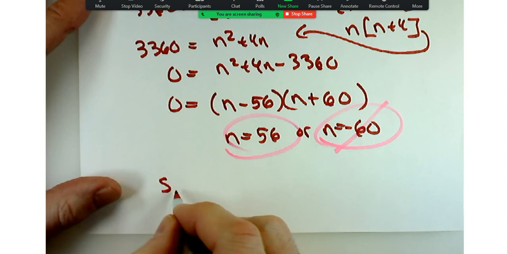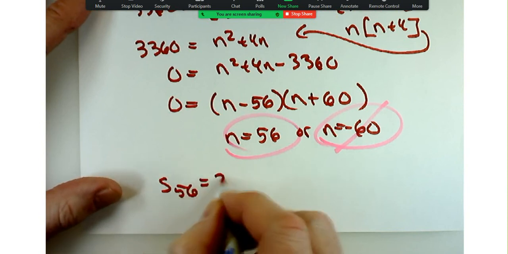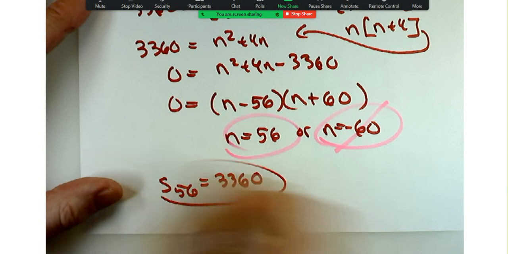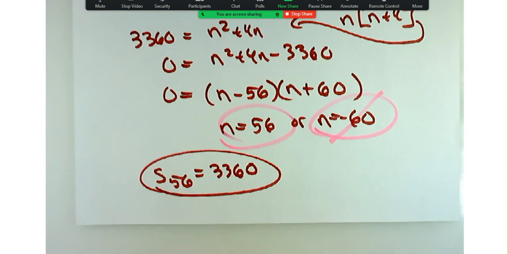S sub 56 equals 3,360. If you summed up the first 56 terms of this sequence, that's what your total would be, and that's what they're looking for. Okay, nice. Any follow-up on that one? All right, good luck.